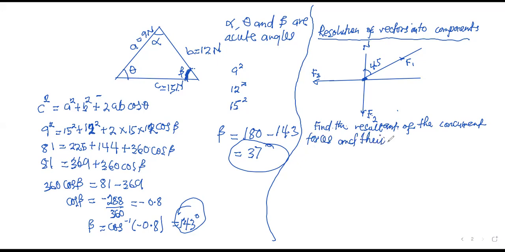This is where the limitation of the sine rule and the cosine rule comes in. You must use the concept of resolution of forces into components to solve a problem of this nature.